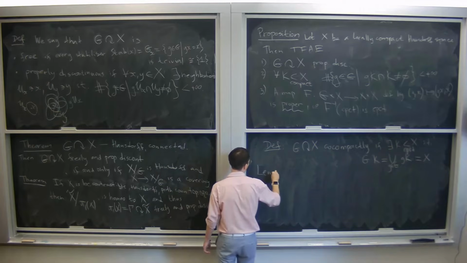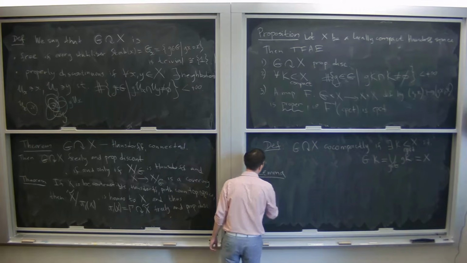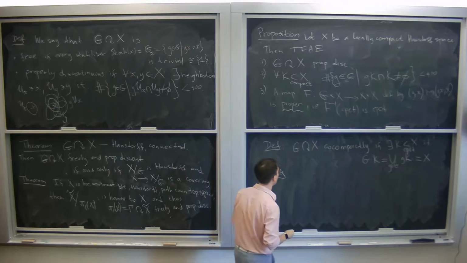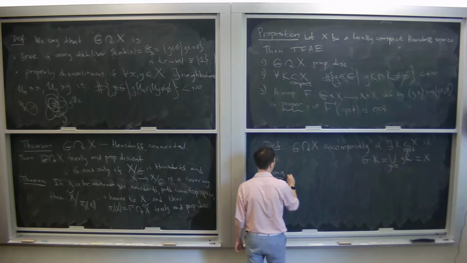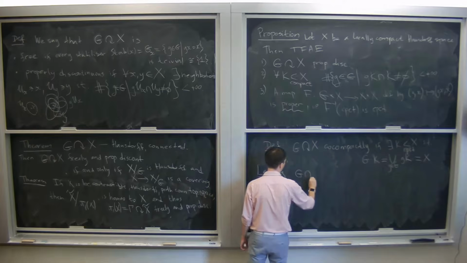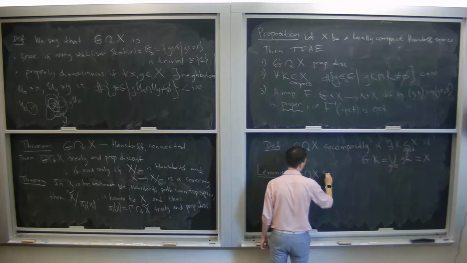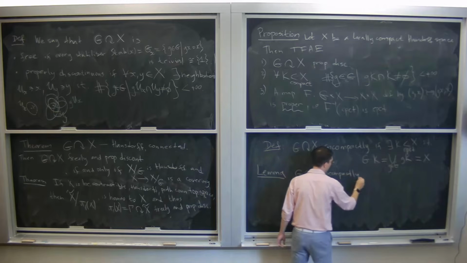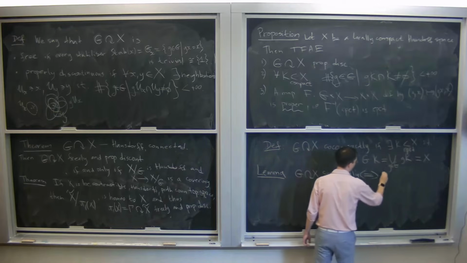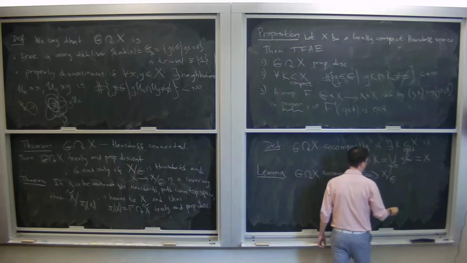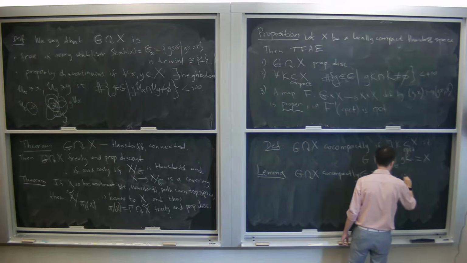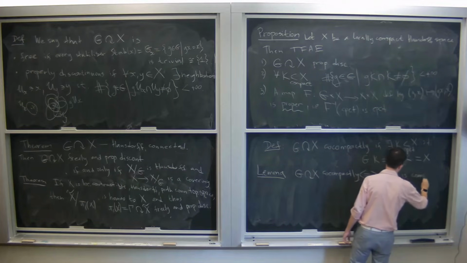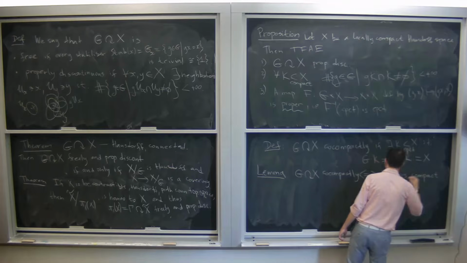Again, there is another equivalent reformulation for this. G acts on X co-compactly if and only if X mod G, the quotient space, is compact.